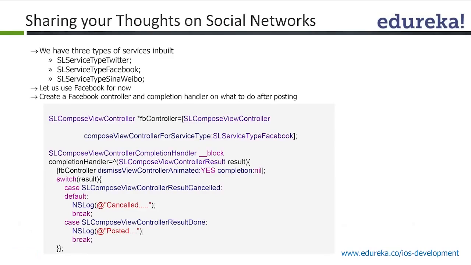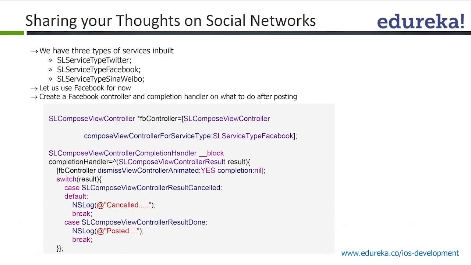For each and every action of the user on the UI for the Facebook controller or SLComposeViewController, you will get a result out of it. If that result is SLComposeViewControllerResultCancelled, then you can do something. Here we are just logging whether it is cancelled or whether it is posted. And if you say result done, you have a success and your post is posted.